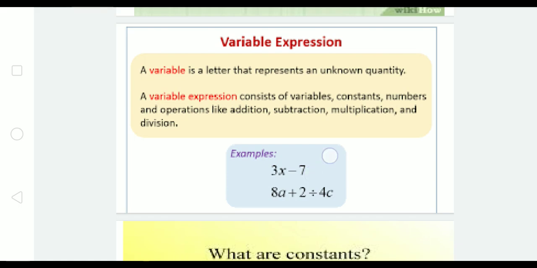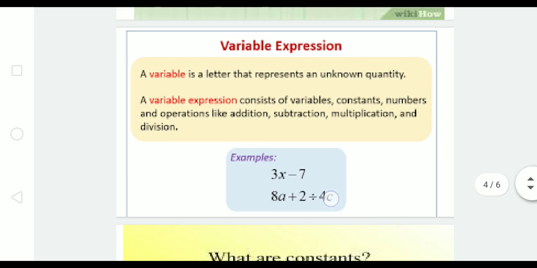You can choose any variable yourself to express the unknown value. So these are the variables. Here in the example, X is a variable, A is a variable, and C is also a variable.